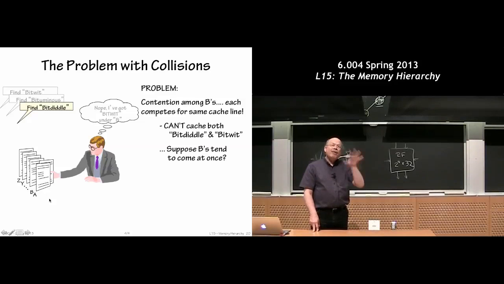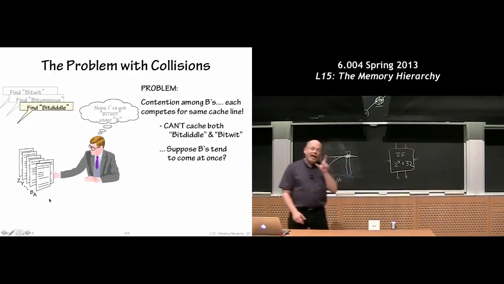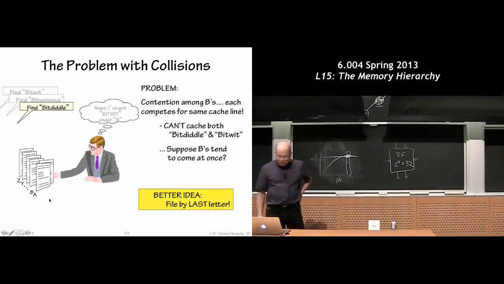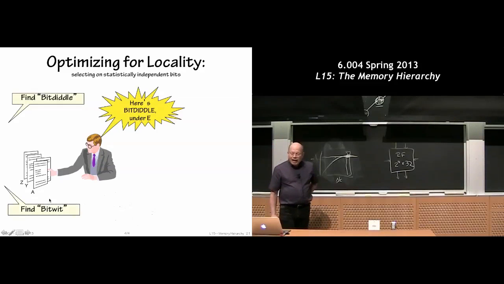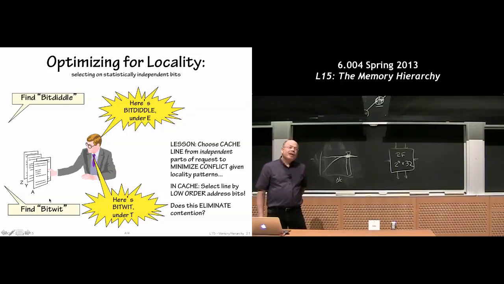I want to look at that pattern, understand what it is, and try to figure out a mapping function so that most of those addresses will map to different slots. And then I can get away with a single comparison. In this particular case, if I organize by last letter, in this trivial thought experiment, you can see I do better because they're mapping to different slots.